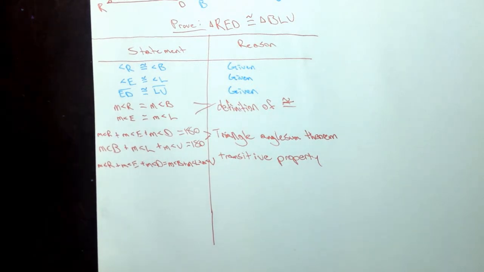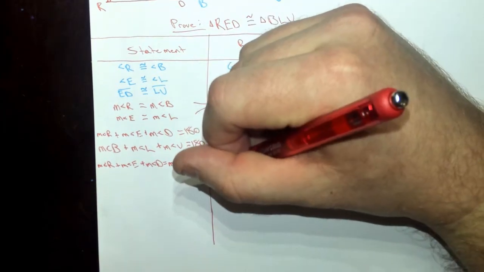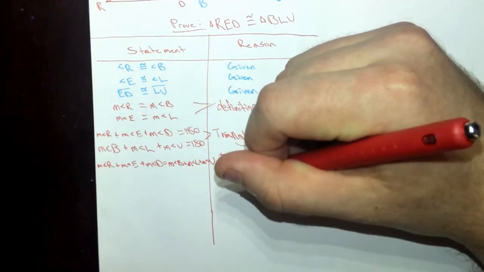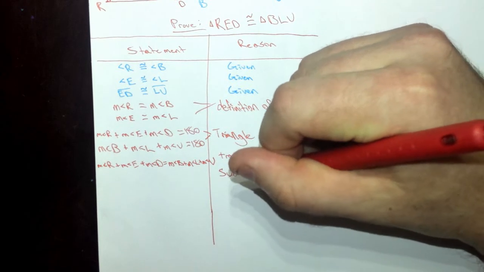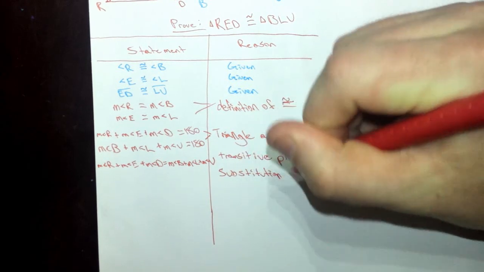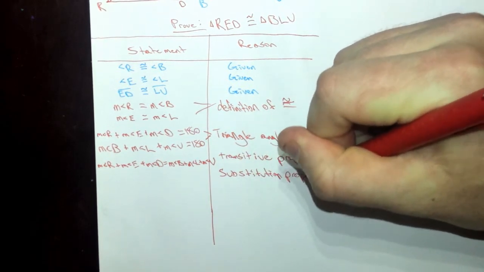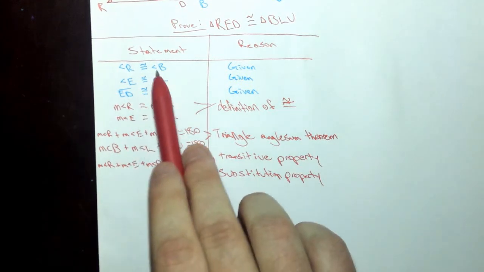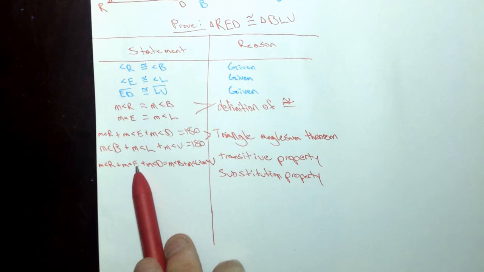But I just set all the angles of the triangles equal to each other, and now I can use substitution because we have angles that are congruent. So what I'm going to do is use the substitution property to replace angle R with angle B and replace angle E with angle L in this equation.